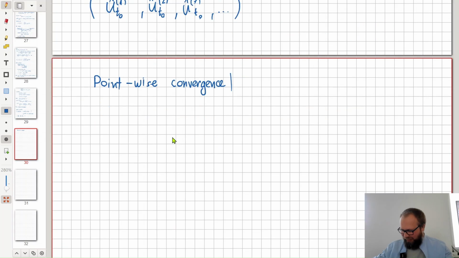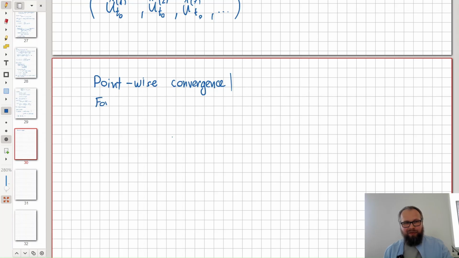Okay, pointwise convergence. So let me word it down. First the words, then the formal epsilons and quantifiers. So I will torture myself by writing it down.